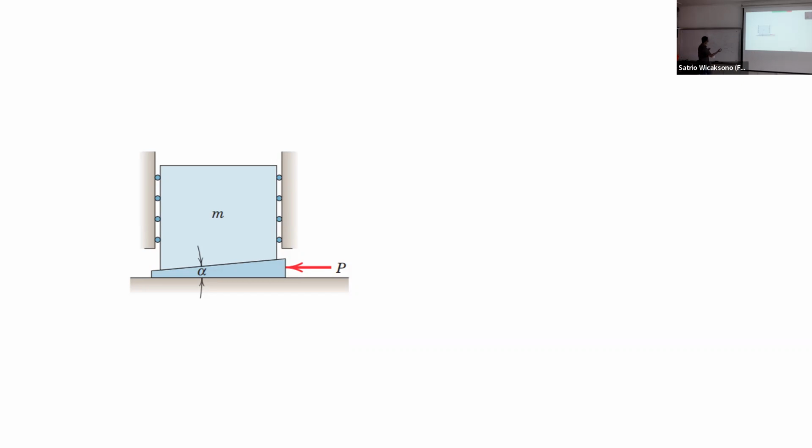What we have is only sigma Fx equal to 0, sigma Fy equal to 0. When we talk about a wedge, normally we don't have the dimension, only the angle alpha here. This is normally the equation that we have. Only those two.